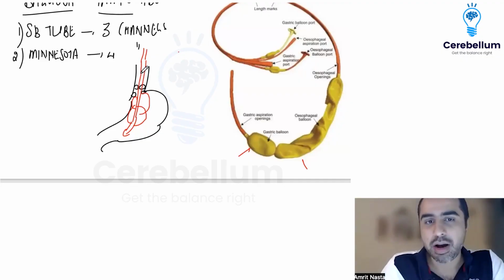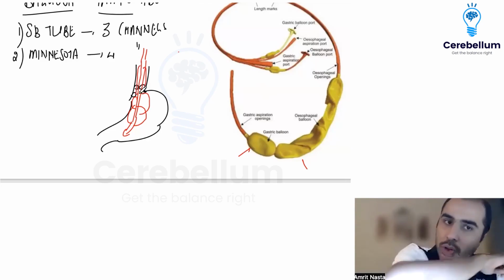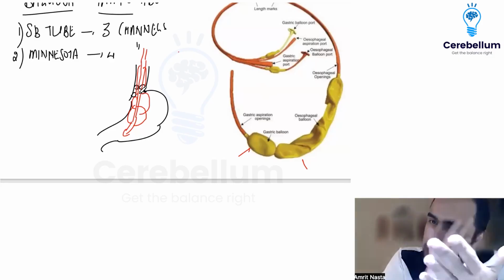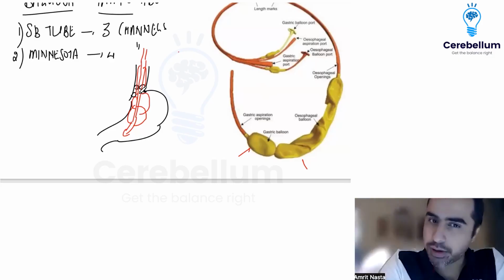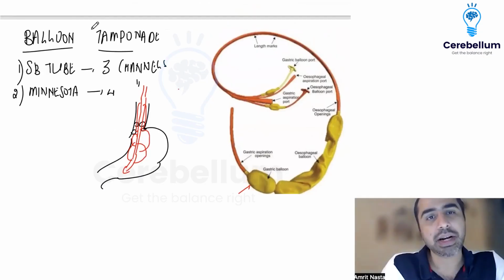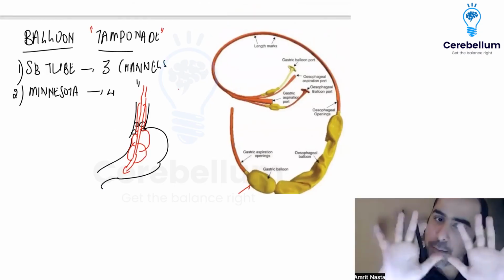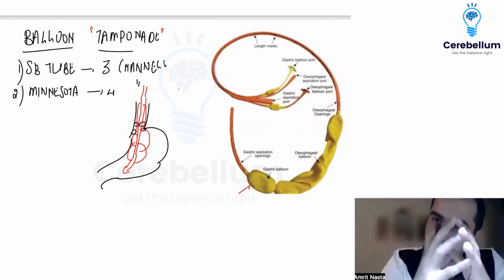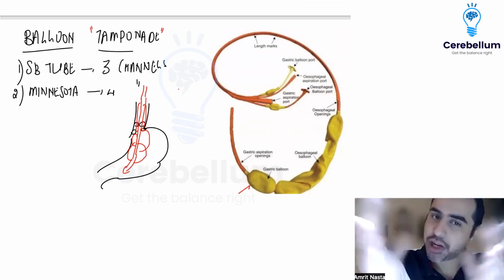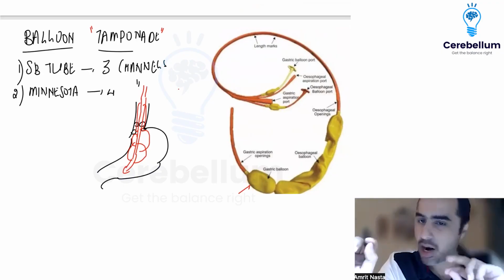If required, I can also inflate the second balloon, the esophageal balloon over here. That will also cause a compression. This physical compression to stop the bleeding is what is called tamponade. So tamponade means pressure. How pressure? With the balloon. There are 2 balloons, gastric balloon and esophageal balloon.